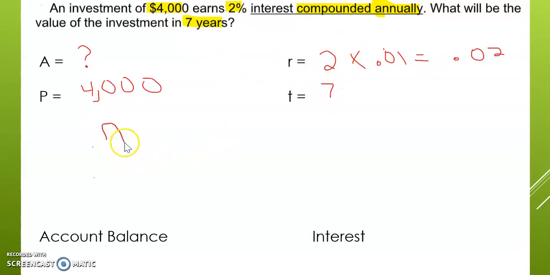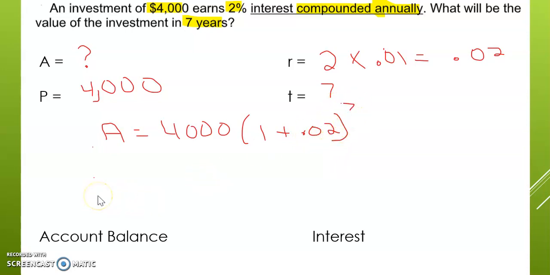So when I walk back into the bank after 7 years, my $4,000 times 1 plus my rate for the 7 years.